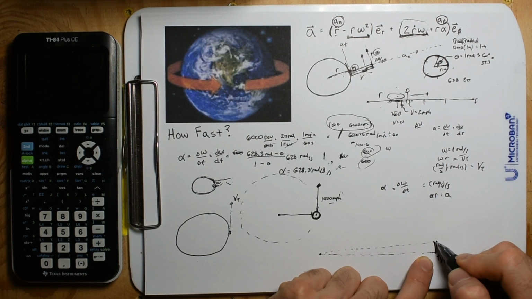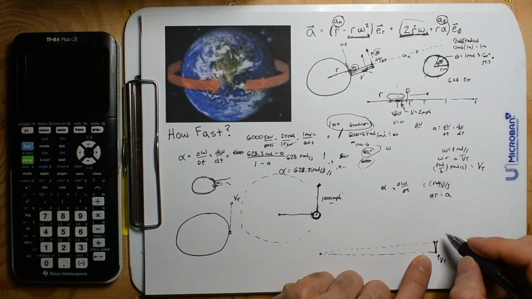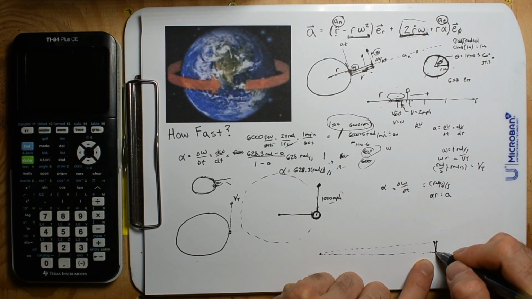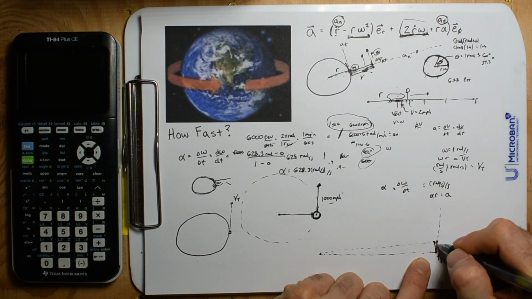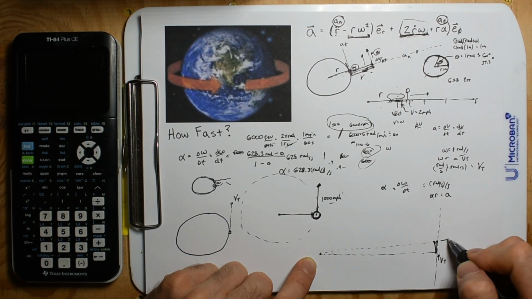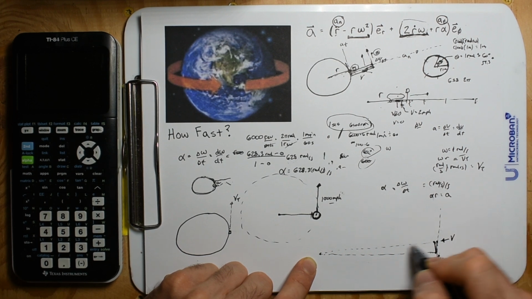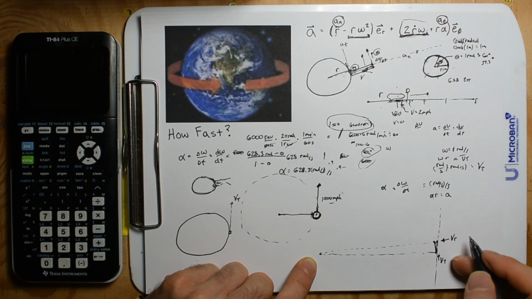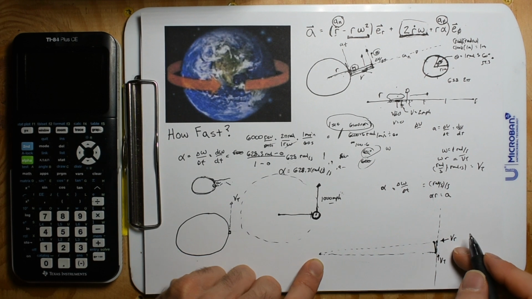Just based on the principle of, I should have been here if I was moving in a tangential line, but I'm not there. I'm over here. So at some point I must have had some sort of velocity towards the center of the Earth, some sort of radial velocity.